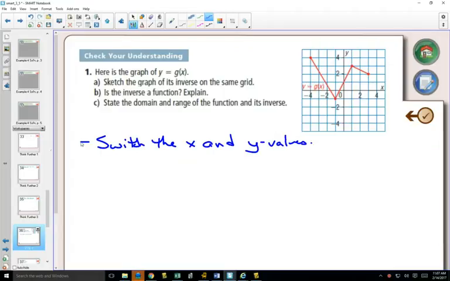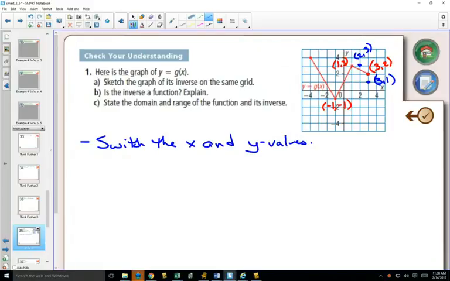So what does that mean? Well, on the red graph here, we've got the point 3, 2. So that means on our inverse graph, we're going to have the point 2, 3. On our red graph, we have 1, 3. So now we're going to have 3, 1. Here we have -1, -1.